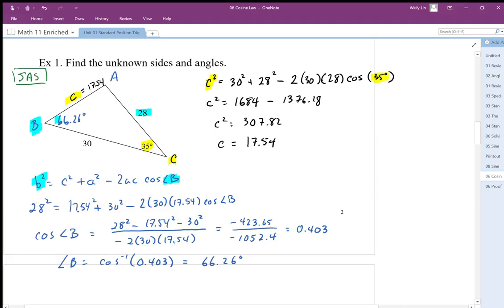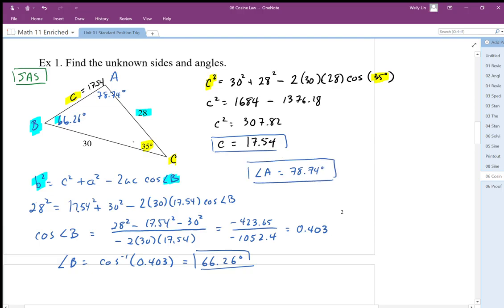Then I can deduce the last angle by subtracting from 180: 180 minus 35 minus 66.26 is approximately 78.74 degrees. So there's my angle B, there's my side C, and angle A works out to be 78.74 degrees, which I find by subtracting from 180 degrees in a triangle.